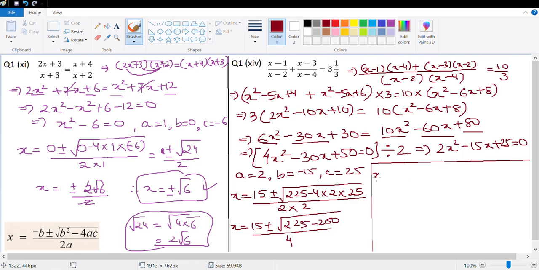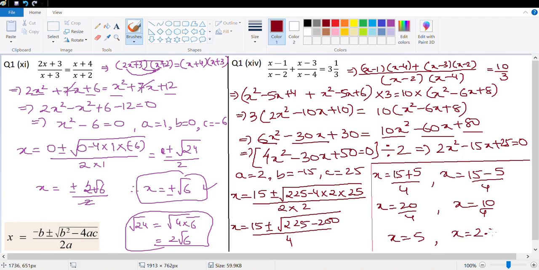So x would be equal to 15 plus minus square root of 225 minus 200, that's 25, square root of 25 is 5, upon 4. So x is equal to 15 plus 5 upon 4, or x is equal to 15 minus 5 upon 4. x is equal to 20 upon 4, or x is equal to 10 upon 4, which means x is equal to 5 or x is equal to 2.5.